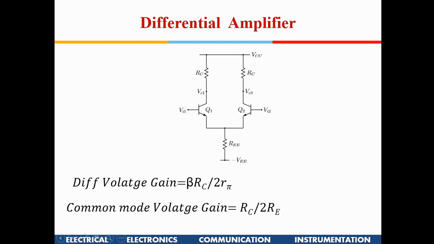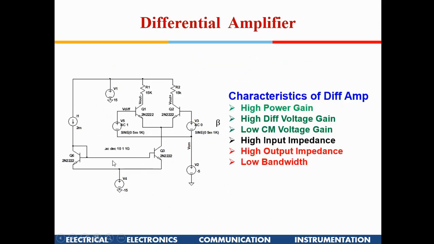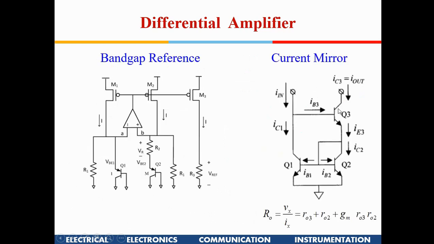Now, if you see here, the common mode gain depends on RE, right? So RE should be high, and that is the reason I told you initially, instead of using a simple mirror like this, we can use a cascode mirror, and there are many others, Wilson mirror, Widlar mirror.